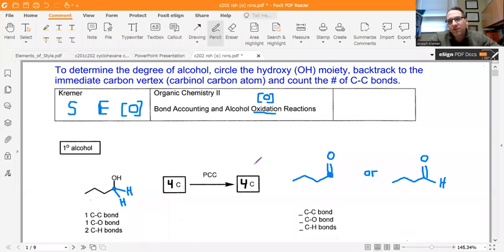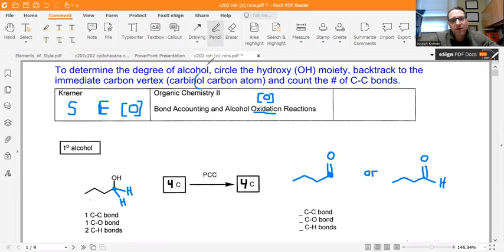The top banner will help you do that. To determine the degree of alcohol, which is the reactant on the left-hand side, lasso circle the hydroxy group, backtrack to the immediate carbon vertex, and we call this the carbonyl carbon atom.